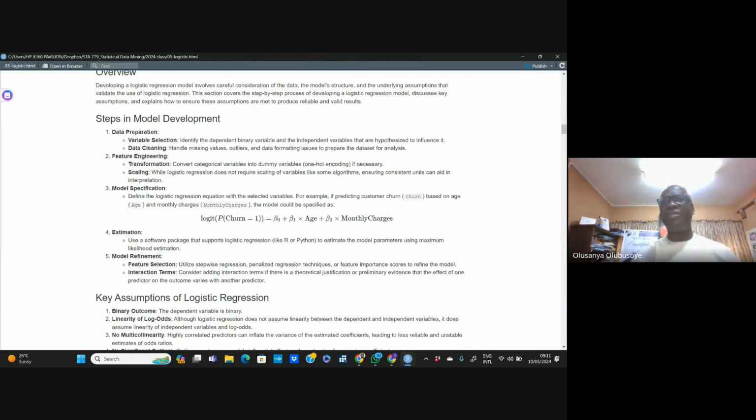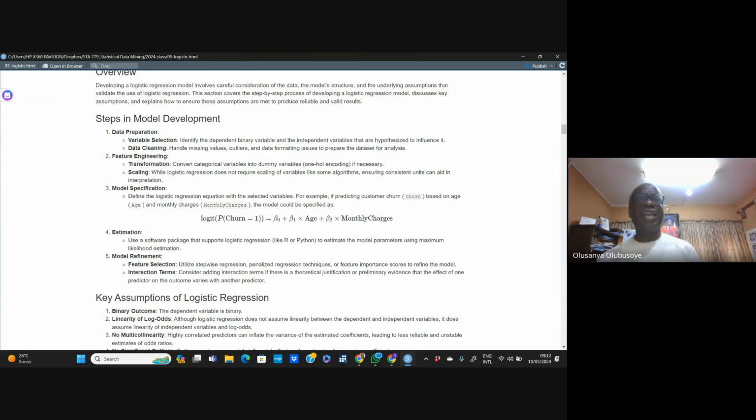Then you hypothesize the influence you expect among the variables. What do you feel should be the relationship between the dependent and the independent? That's what you do when you are hypothesizing the influence.